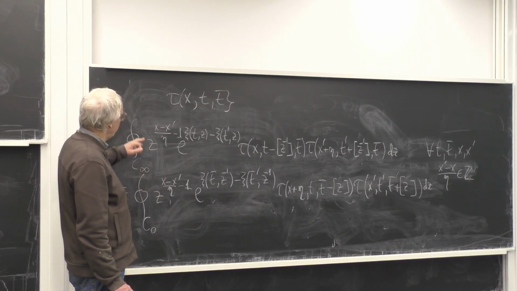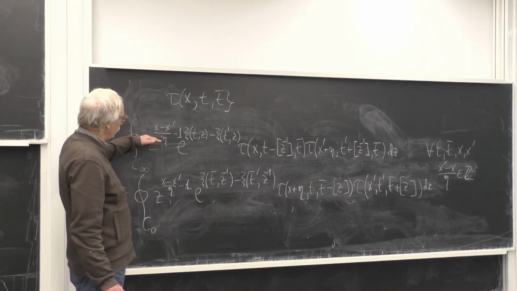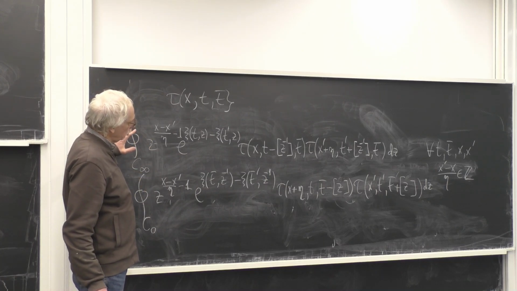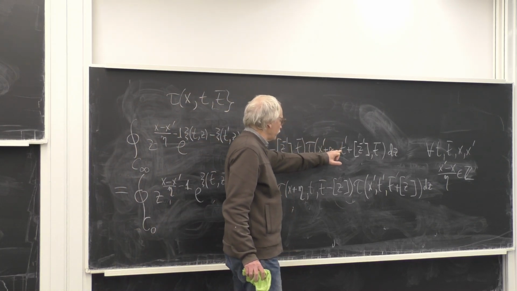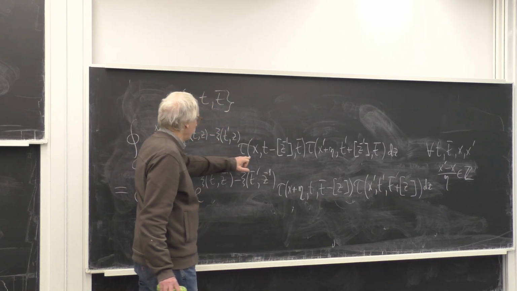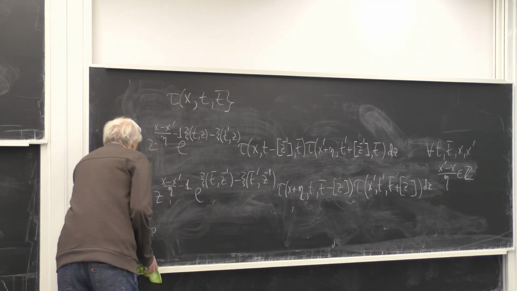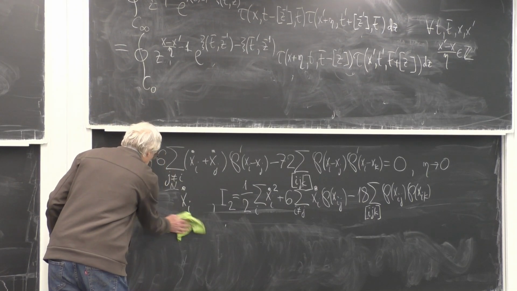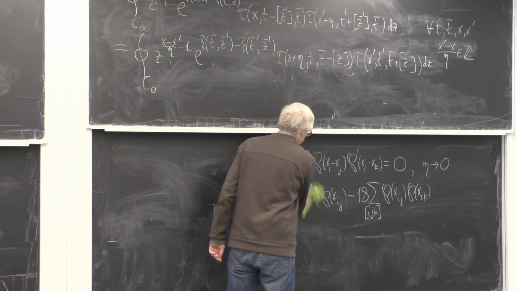We differentiate this identity, for example, with respect to Tm, and after that put all prime variables equal to the variables without prime. Then you can obtain the following identity.